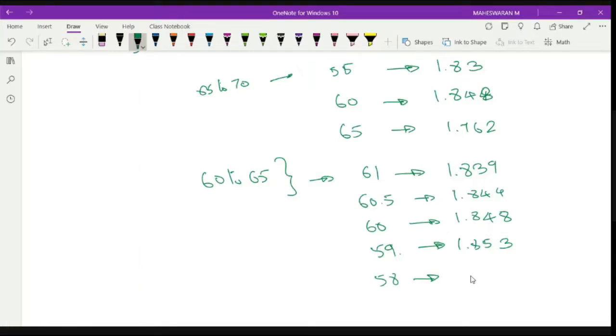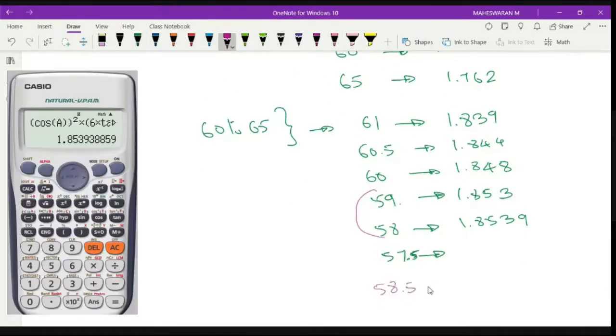1.8539. So which is greater than this? Let me put 58.5. So the last value, 1.8540. Okay, 1.854, so it is nearly to this.